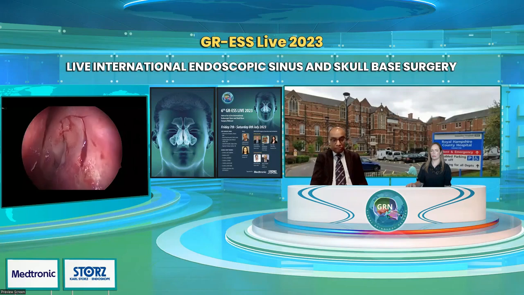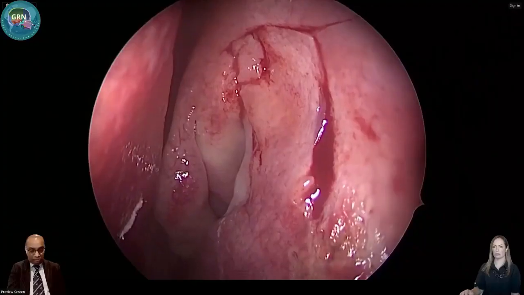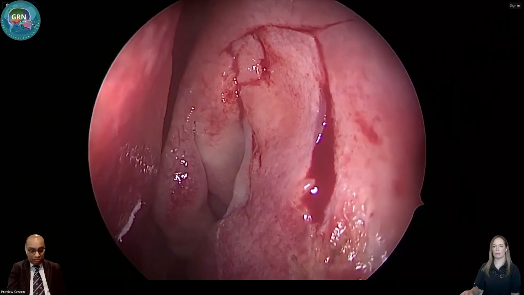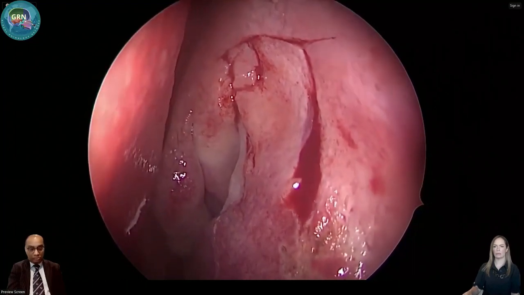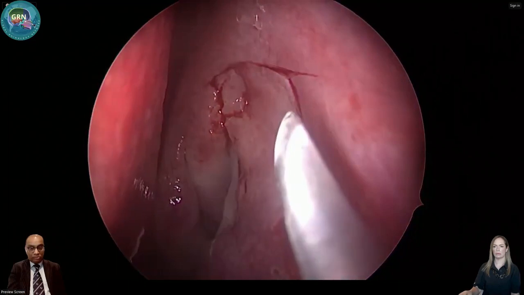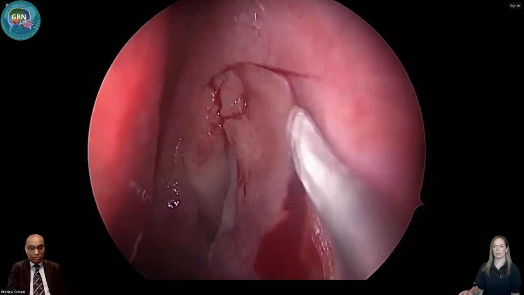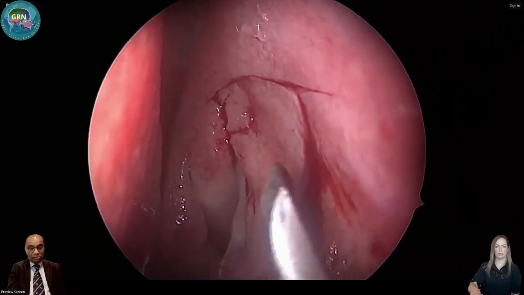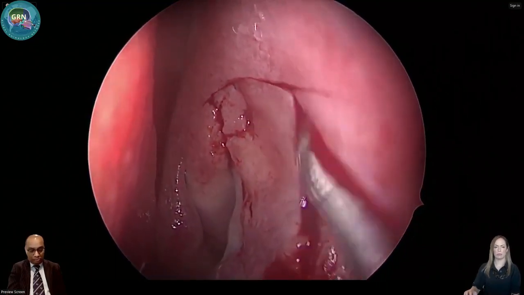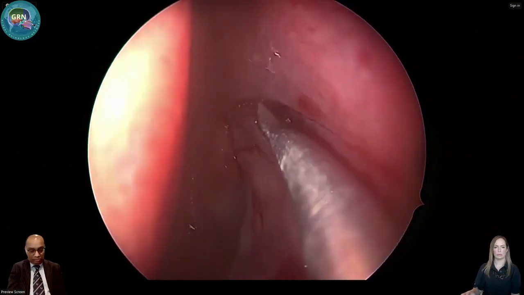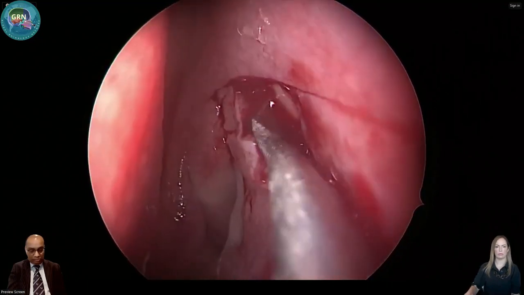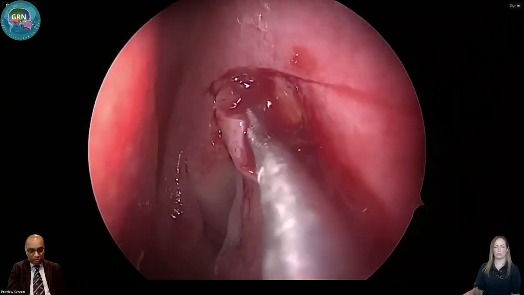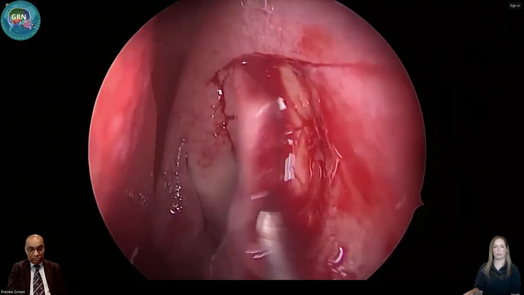You can see very clearly that this is an inferiorly based flap. It's not a posteriorly based flap. This is the middle turbinate. That's the axilla. I go around 6 millimeters above the axilla because the fundus of the sac is far above the axilla. So you see that I'm now trying to elevate that flap.